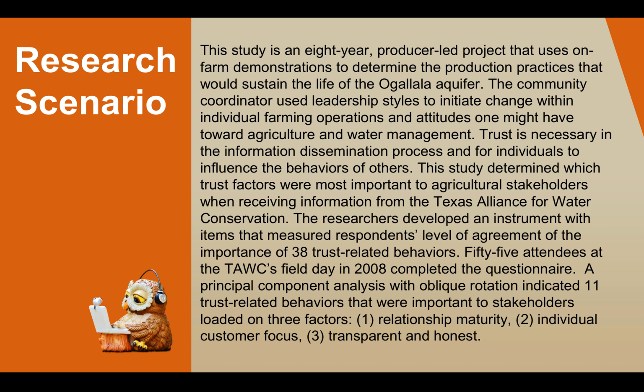Trust is necessary in the information dissemination process and for individuals to influence the behaviors of others. So this study determined which trust factors were most important to agricultural stakeholders when receiving information from the Texas Alliance for Water Conservation. The researchers developed an instrument with items that measured the respondents' level of agreement of importance on 38 trust-related factors or behaviors.